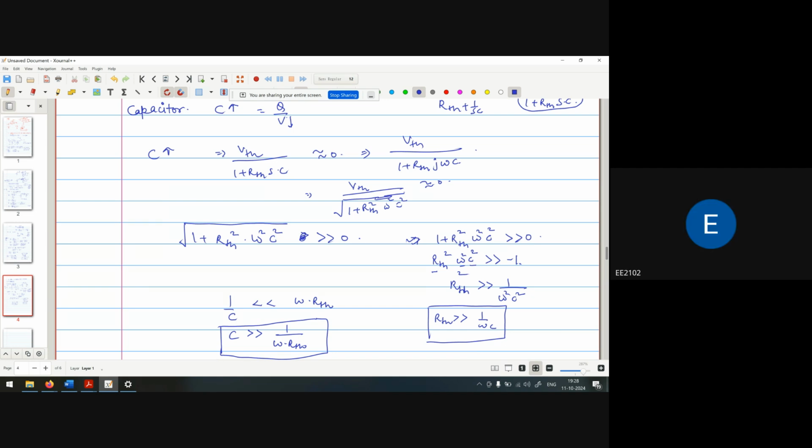You are asking that 1 plus RTH square omega square C square should be greater than 1. Yes, sir. He came directly to the step instead of showing this one minus 1. They are not taking this one minus 1, and after that, they are writing down this one directly. So these are the intermediate steps which are not shown in the video.